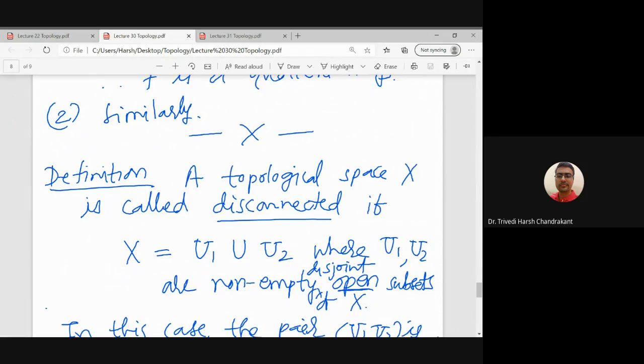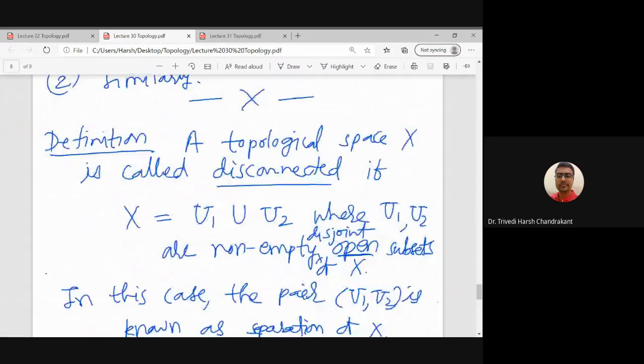A topological space X, that means X is any set with a topology tau X defined on it, is disconnected if I can write X as a union of two sets U1 and U2, where U1 and U2 are non-empty disjoint open subsets of X. If I can find such U1 and U2, then X is disconnected.